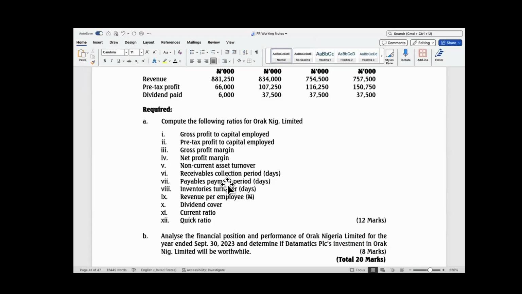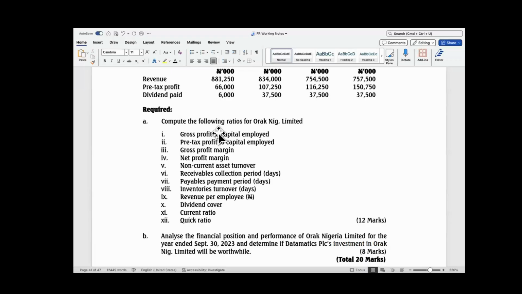Because when they talk about analyzing position, what you will be looking at are the ratios that have to do with liquidity ratio, solvency ratios. Majorly those two. Those two talk us through our position. While performance, we look through profitability ratios and efficiency ratios.